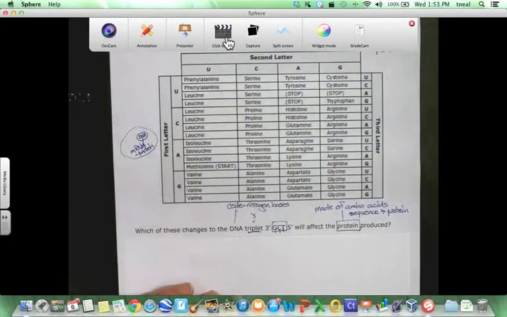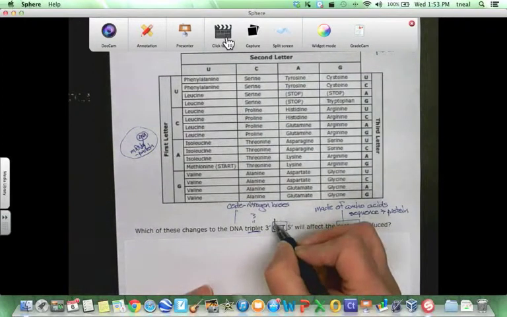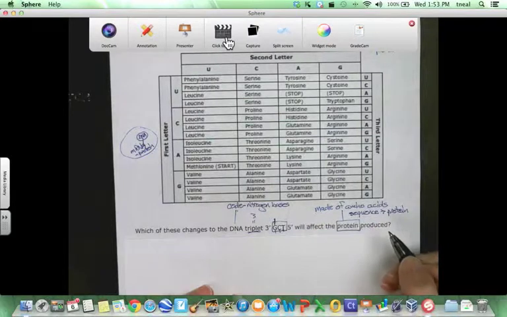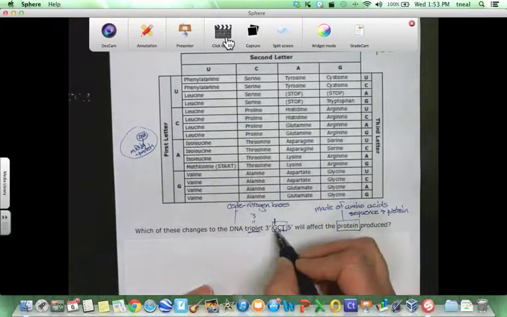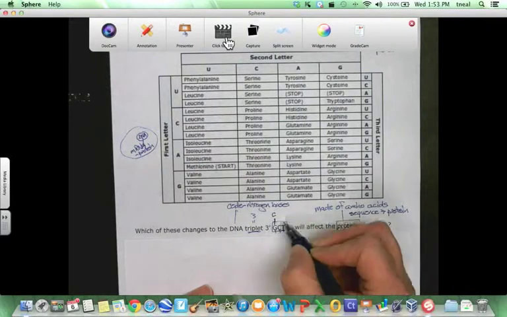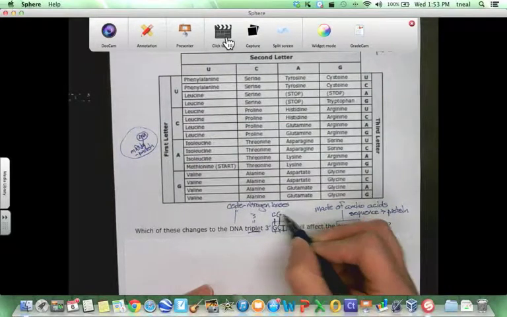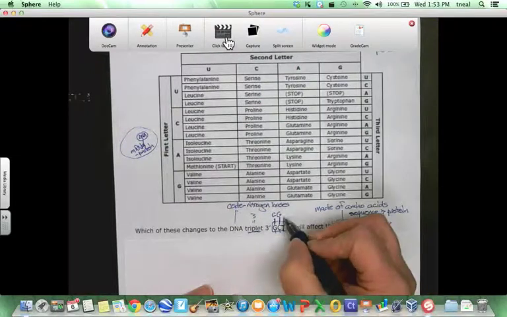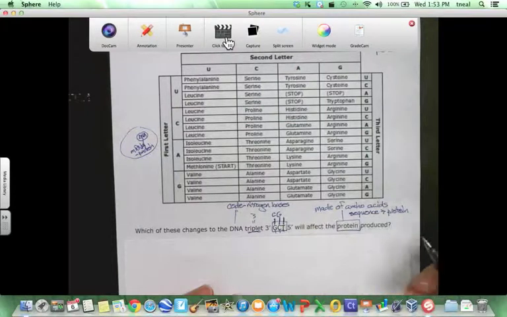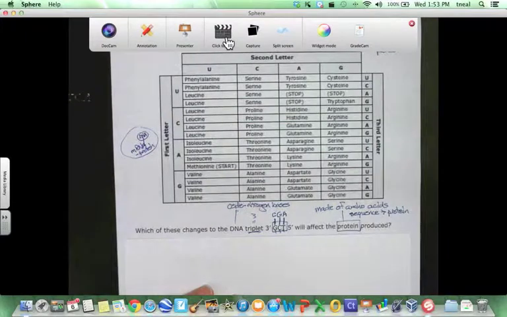All right? So this is our original code. We have to decode this into what it would be for our messenger RNA. So G, the complementary nitrogen base, is cytosine, which is C. Cytosine's complementary base is G, which is guanine. And thymine's complementary base in messenger RNA is adenine. Okay?